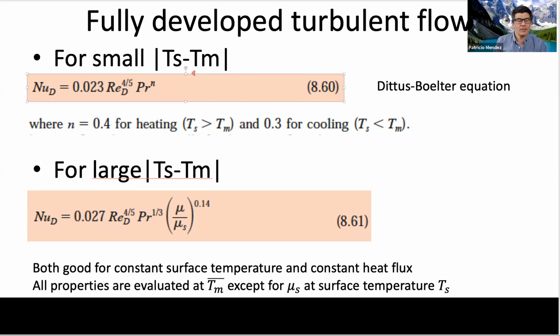So much the same. Isn't this amazing? The only thing that changed between pipes and a flat plate is this coefficient here. Both exponents here are pretty much the same.